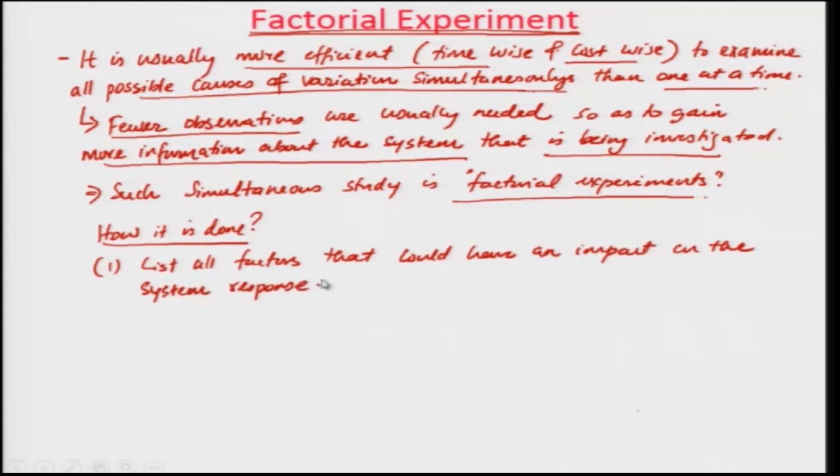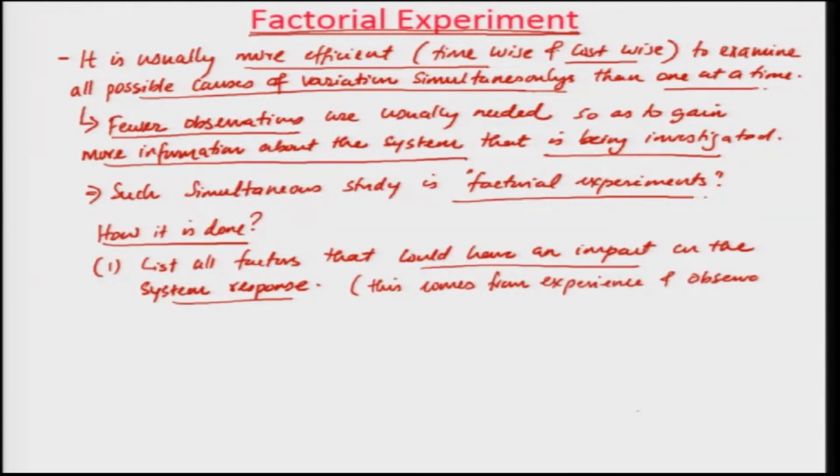So, you list all the factors that could result in an impact on the response. This comes from experience and observation. So, we observe and you list all those factors that you think are relevant, right.